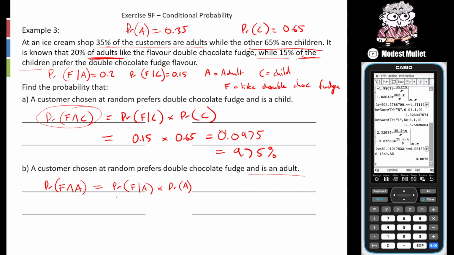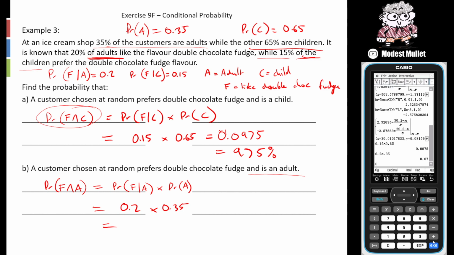What's the probability they like fudge if they are an adult, times by what's the probability that they are an adult? So 0.2 times by 0.35 is 0.07, which is equal to 7%.